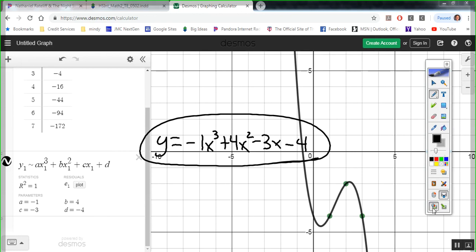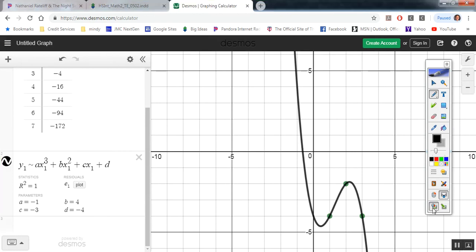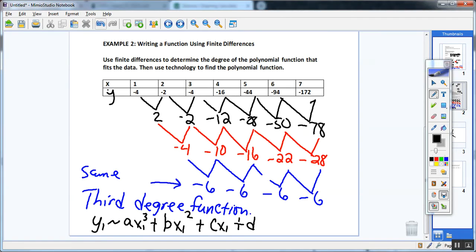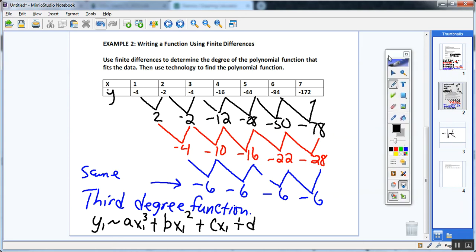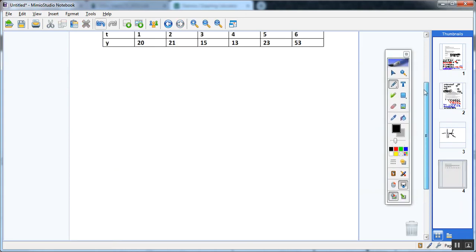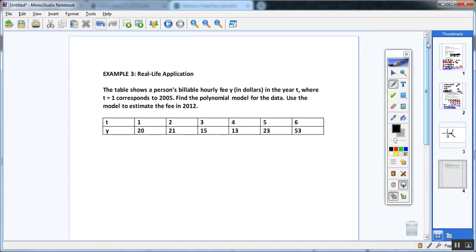All right, let's take a look at our next part, this last part on this last page. It's the same thing, kids. Modeling real life situations. It says the table shows a person's billable hourly fee in dollars in the last year, T, where T equals 1 corresponds to what year?